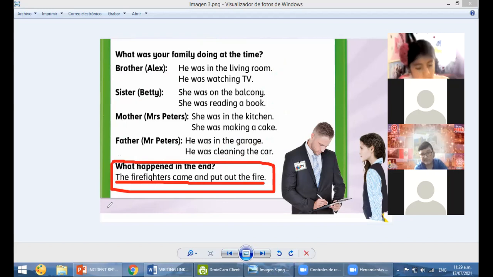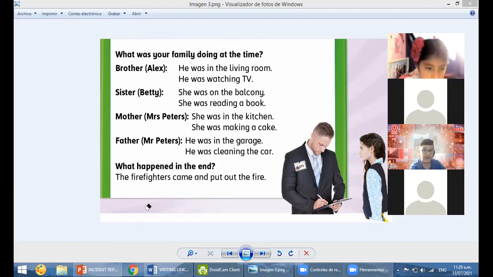If you talk about a car accident, at the end, my father or I called the police. You see, depends. If I broke my arm, at the end, I went to the hospital. It depends. Okay? One question.